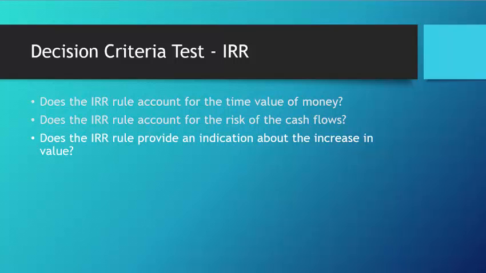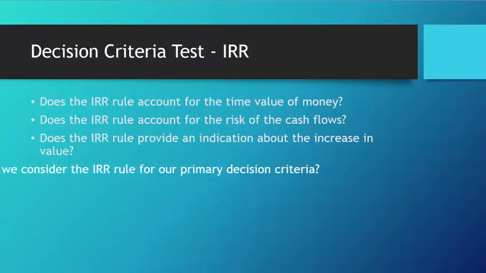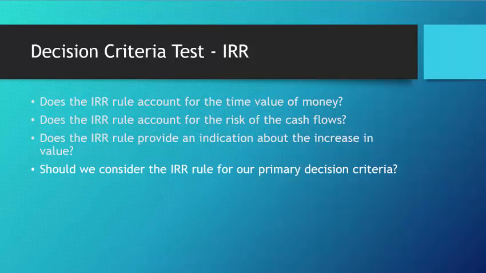So that one is weak there at best. So should we consider the IRR rule for our primary decision criteria? Let's see, we have a yes, a yes, and a it could be better. And since NPV had a yes, yes, and a yes, net present value is probably a stronger decision criteria than IRR.